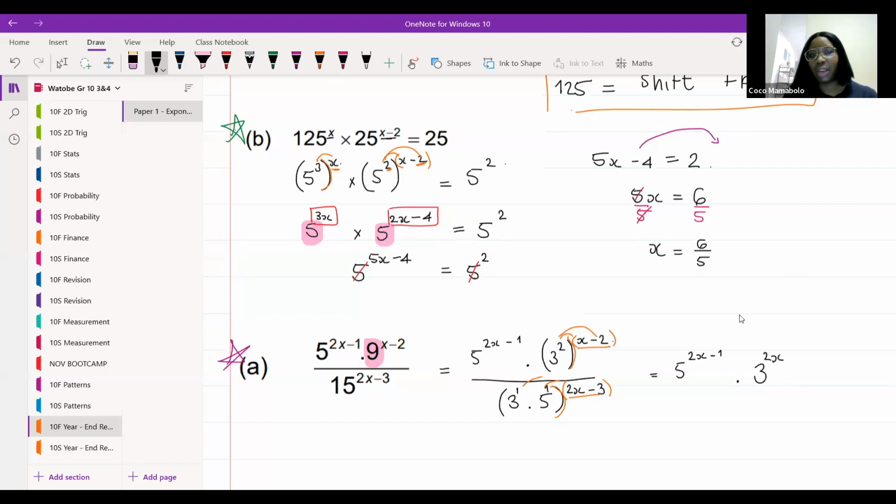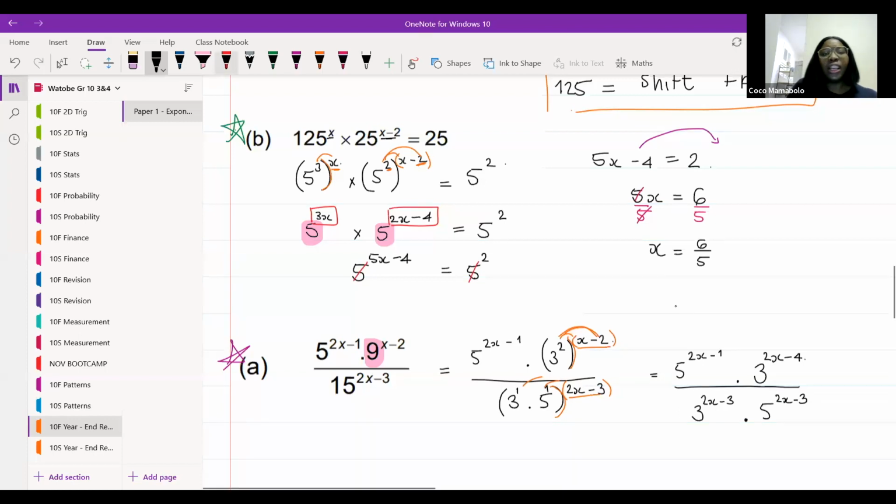Not minus 2, minus what? 2 times negative 2 would give us? 3 times 3 to the power 2x minus 4. Minus 4, correct. Minus 4, beautiful. Over, what are we going to get at the bottom? All over 3 to the power 2x minus 3 times 5 to the power 2x minus 3.